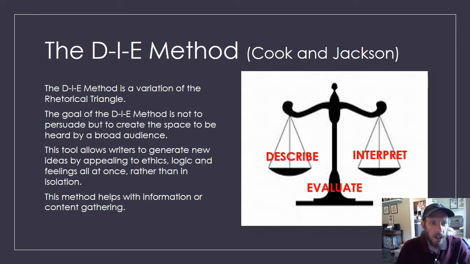And really what it is, it's a variation of the triangle, but on the other end, right? We want to explore, to see what we want to argue, okay? Then eventually you can use DIE as a place from which to present a case, to present an interpretation of a work, which is what you're going to do, right?